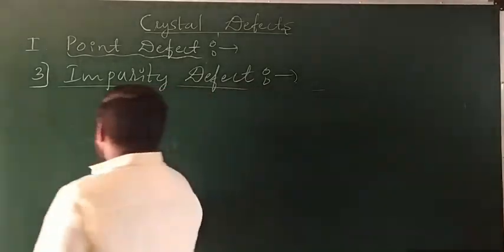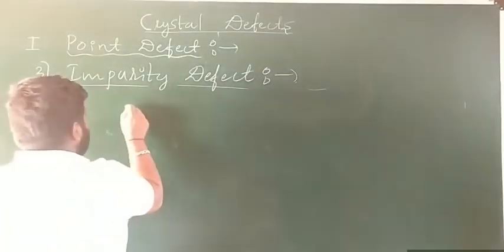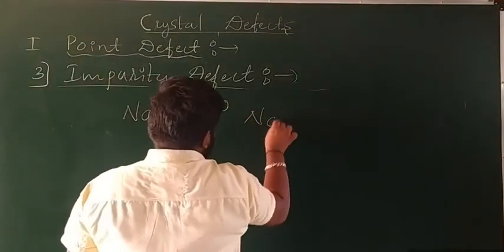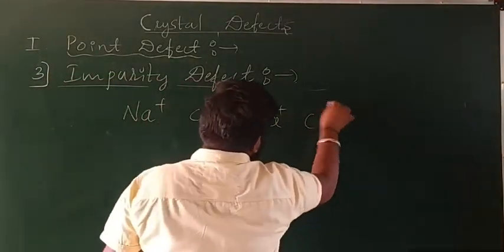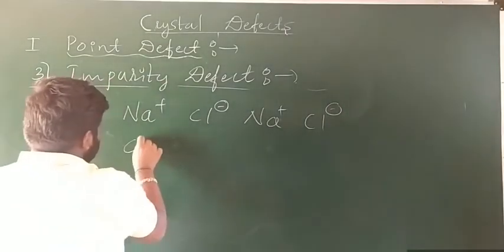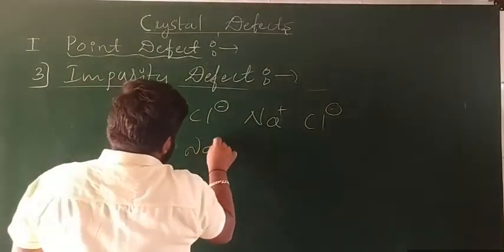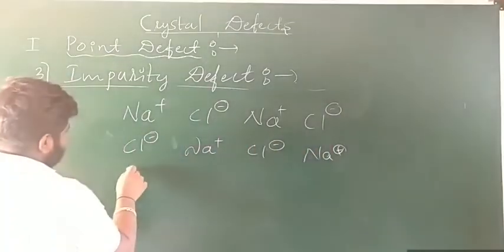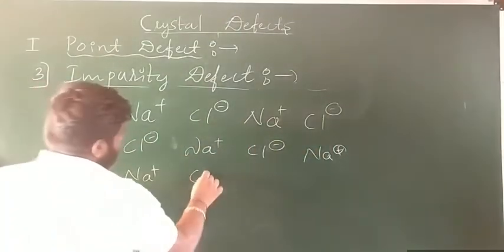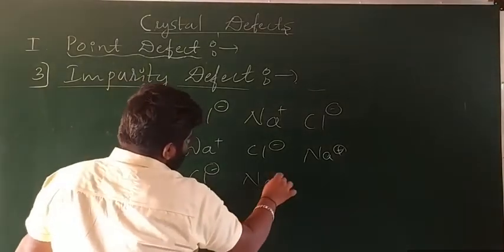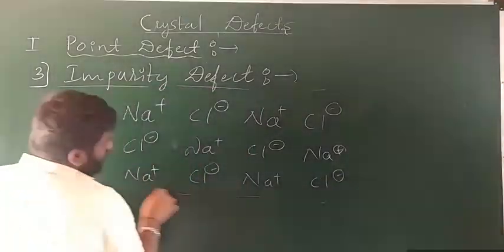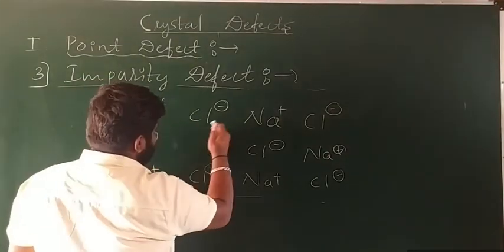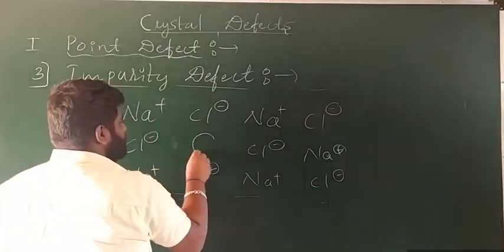I will just show you by diagram. If you take an NaCl crystal, it will look like this: Cl-, Na+, Cl-, Na+, and it goes on like this, right? See here, one of the Na+ is missing.